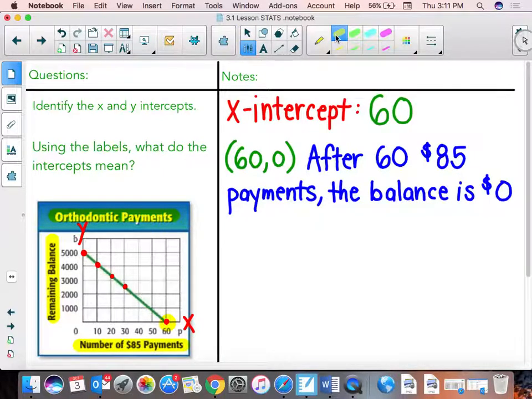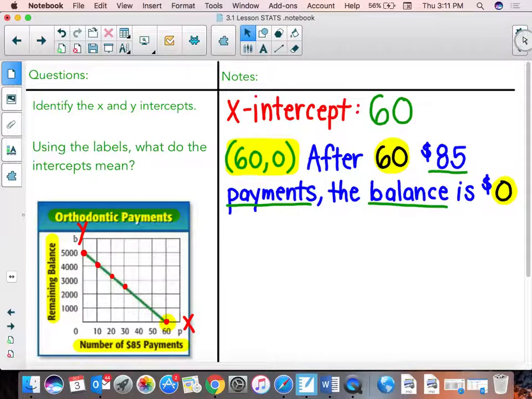When you are writing the meaning, that ordered pair can be very helpful. You're wanting to talk about both of those numbers. So after the 60 $85 payments, the balance is 0. Notice that the words that I used came from those axis labels. The $85 payments is your x-axis label. Your balance is your y-axis label. Those labels are what should help you describe that ordered pair and that intercept.